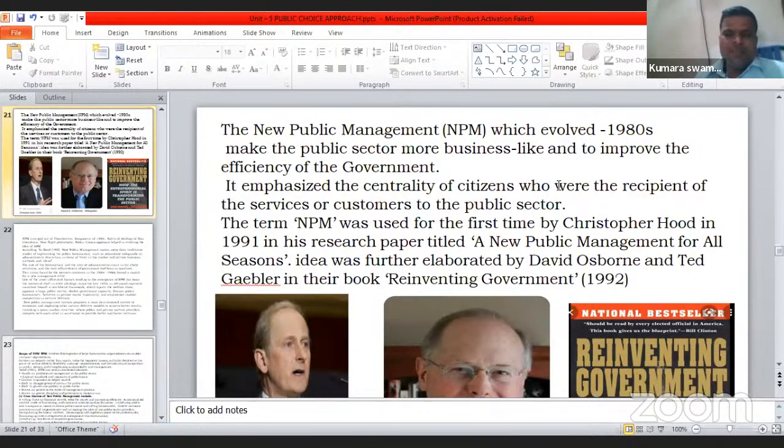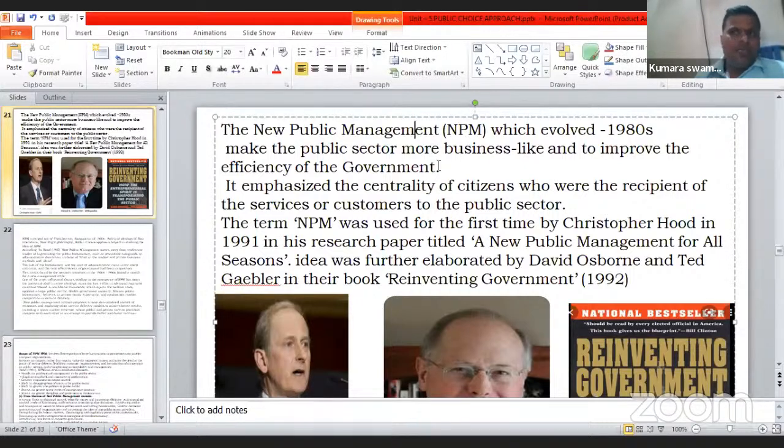In business, the entrepreneur looks after the profit of the organization; similarly, the government sector also needs to look at profit or progress. It emphasizes the centrality of the citizen, who is the recipient of services and a consumer of the public sector. The term new public management was used for the first time by Christopher Hood in 1991.